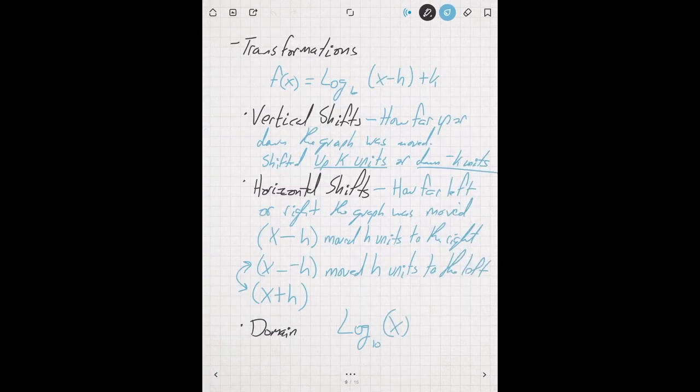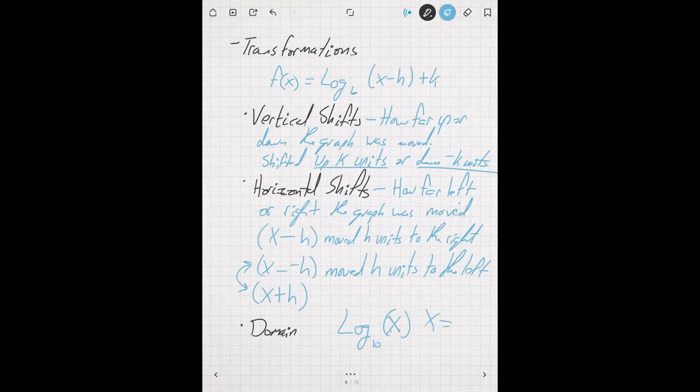Where was I? So in this situation, we said that the domain had to have positive x values. We said the domain was 0 to infinity. Well, that was because we couldn't have the argument x be 0.